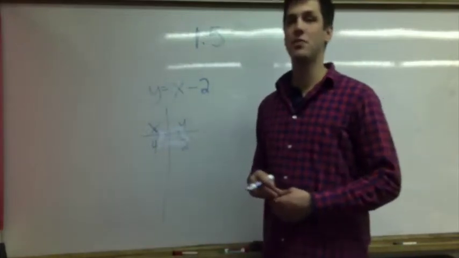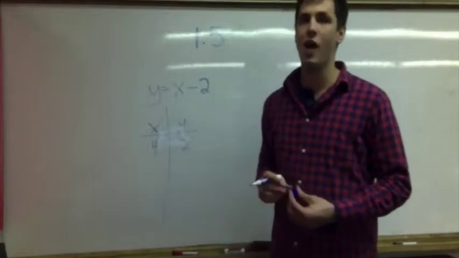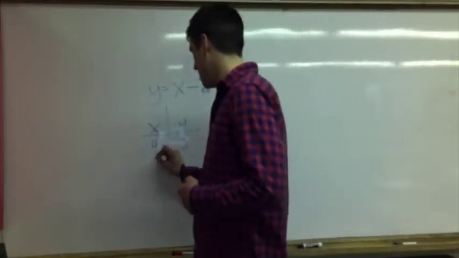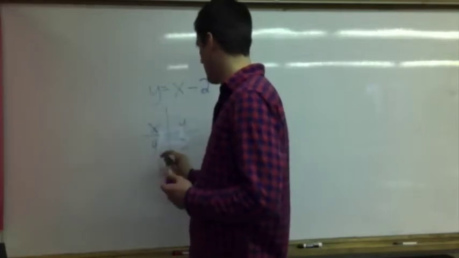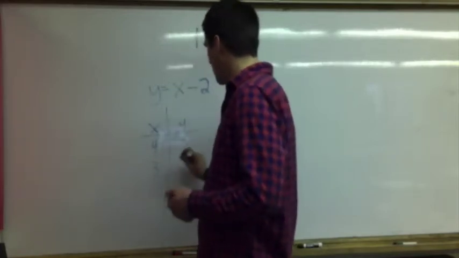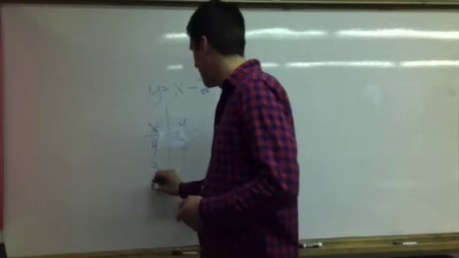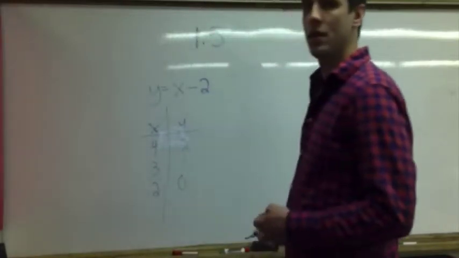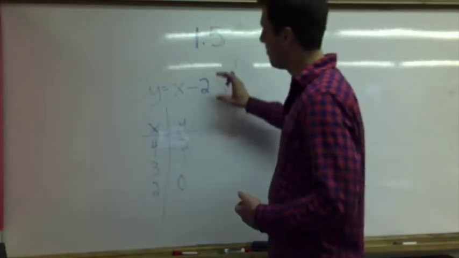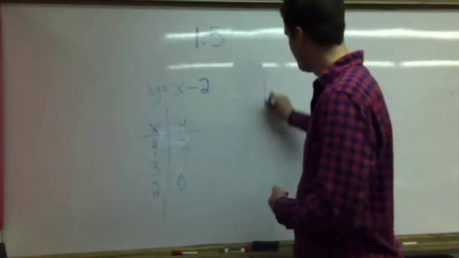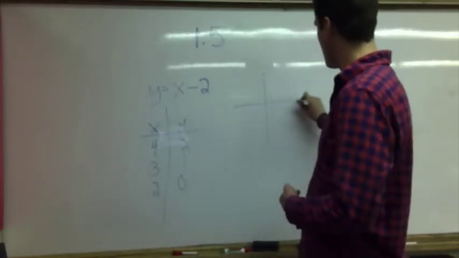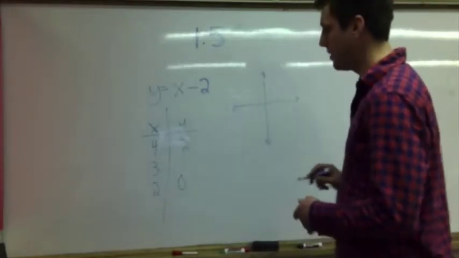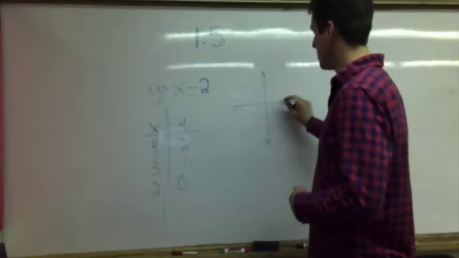This is an example of a linear equation, and here's why. You're going from equation to table here. And so if x is 3, then y is 1. If x is 2, y is 0. Now, if you go from table to graph, like you did in the last chapter, then if you graph these, it would look like this.